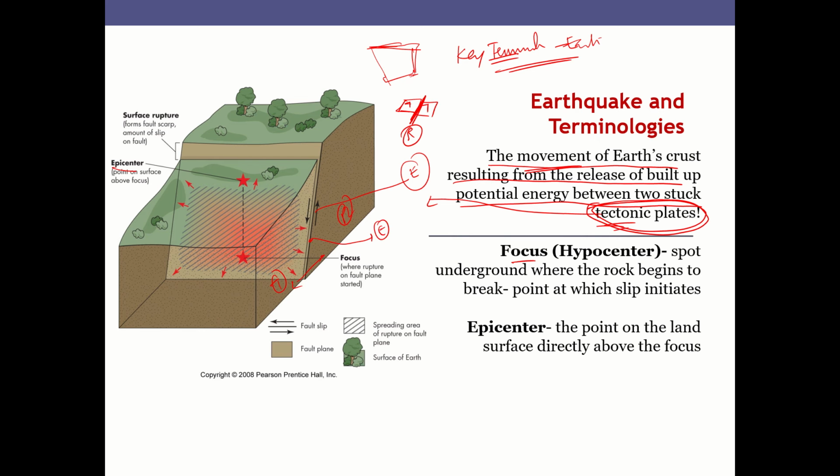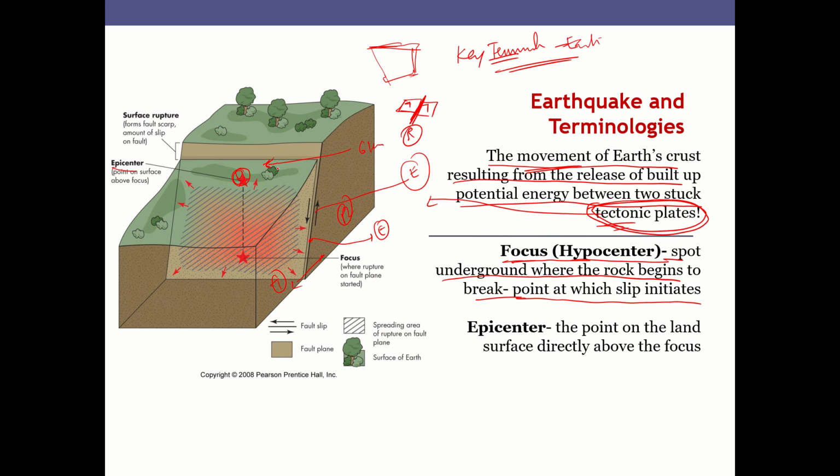And there are a few keywords used. For example, focus or hypocenter, which is nothing but a spot underground where the rock begins to break, the point at which the damage occurs. Normally we refer to it like this: earthquake occurred 6 kilometers from so and so.